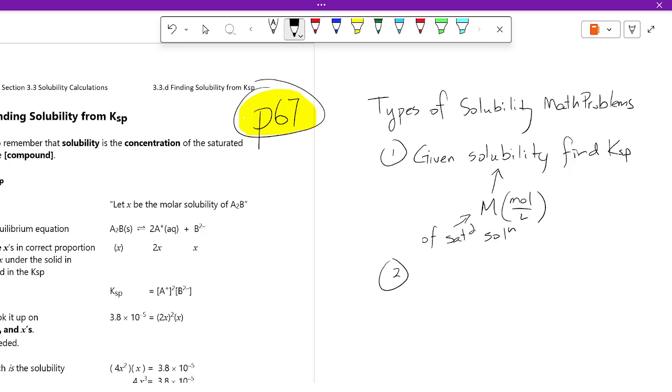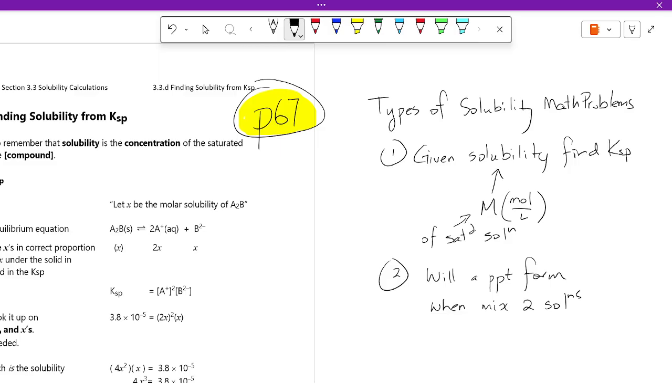We have, in the past, done titrations. I'm not going to list those, though, because we're going to go over it again, okay? We did, will a precipitate form when we mix two solutions? And given solubility, find KSP.